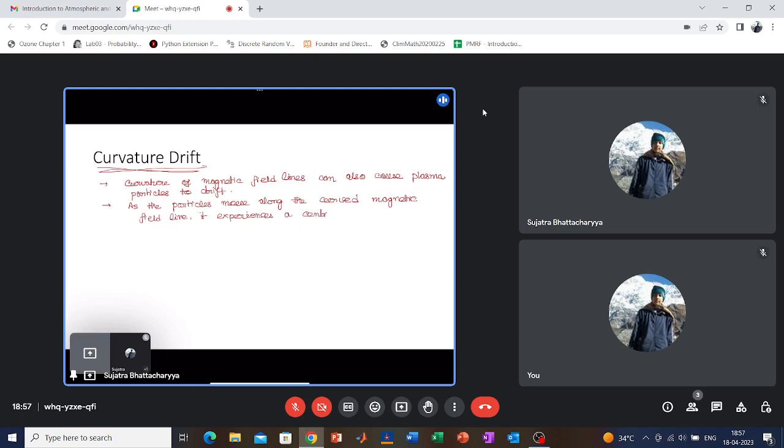Of course, if there is a curvature, then radially outward from the center there is an outward directing force, which is the centrifugal force, which is due to the field curvature.